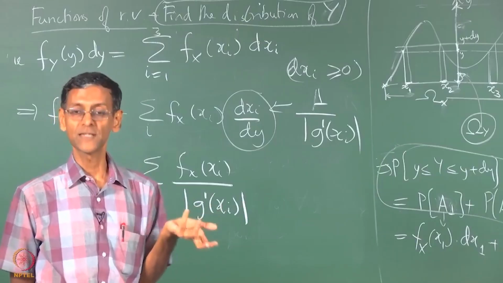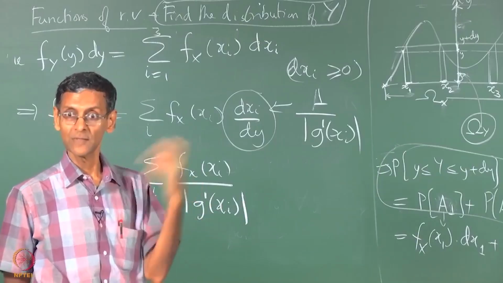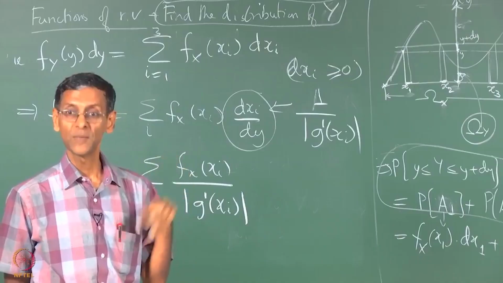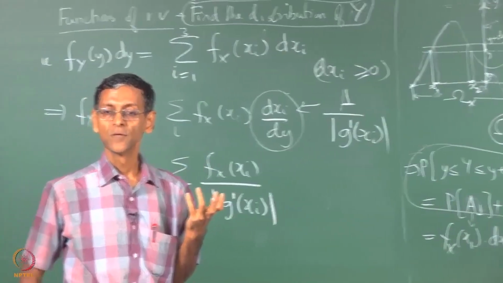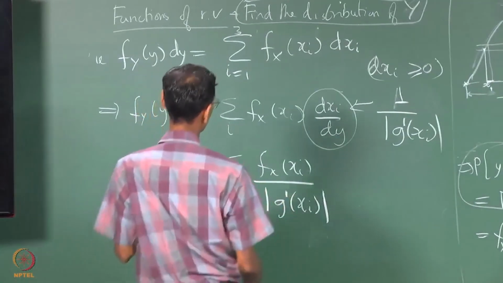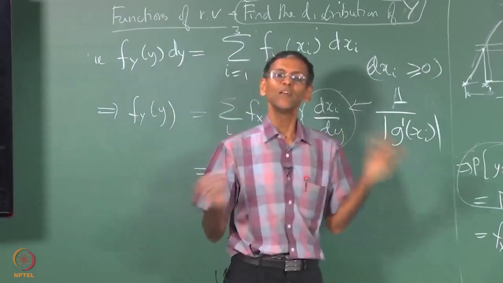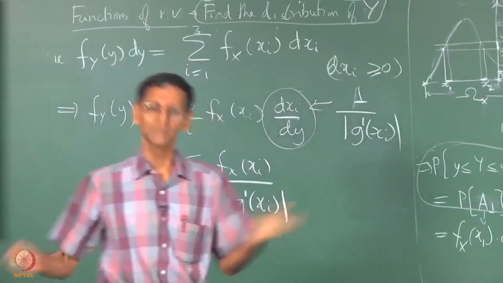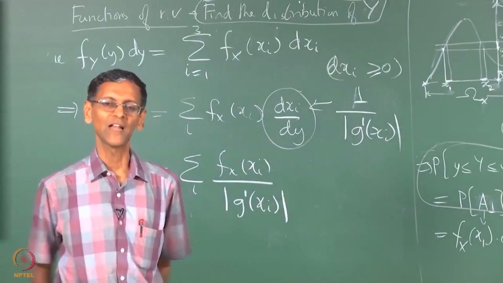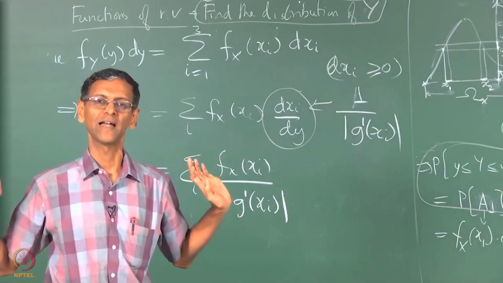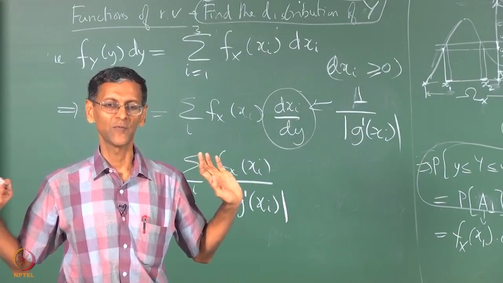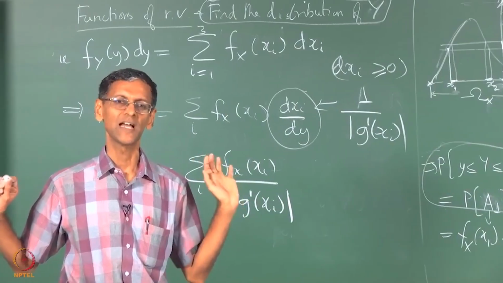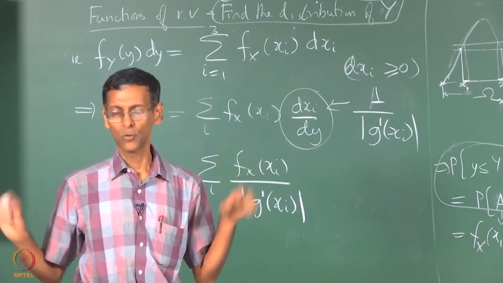It does not even make sense to give a variation dy when you are hitting a maximum or minimum. But if you have only a finite number of such maxima and minima, it does not matter. You can say f_Y, I do not want to define it at those finite, small number of points at which g has a local maximum or minimum or local extremum.